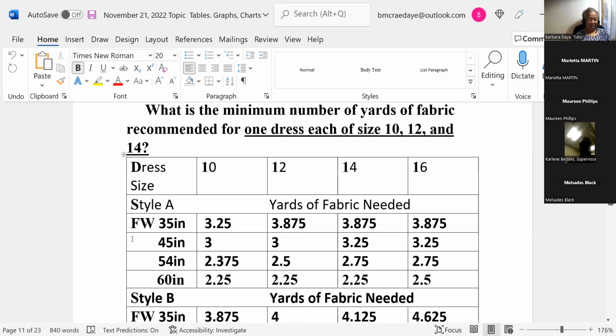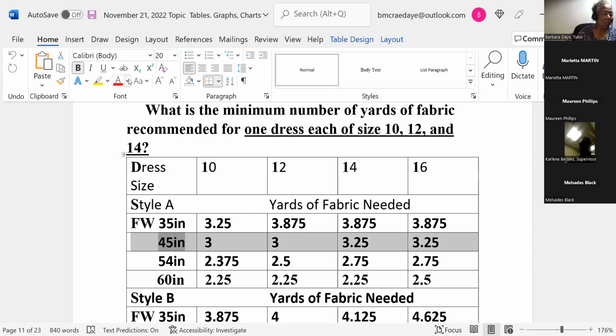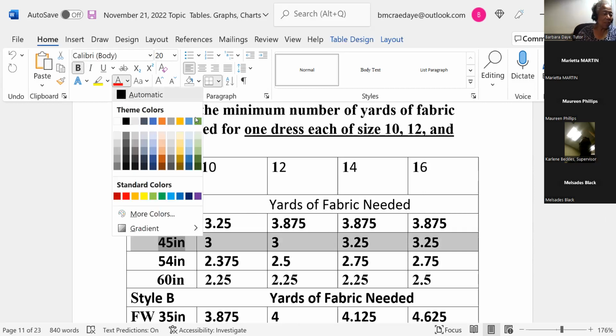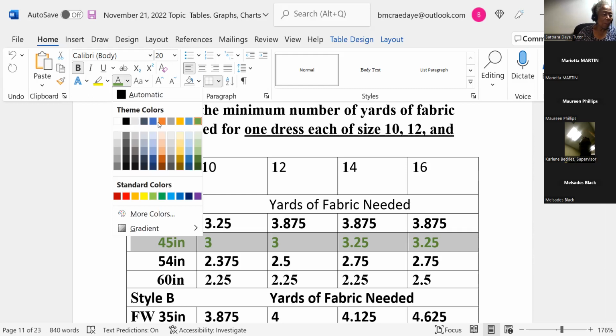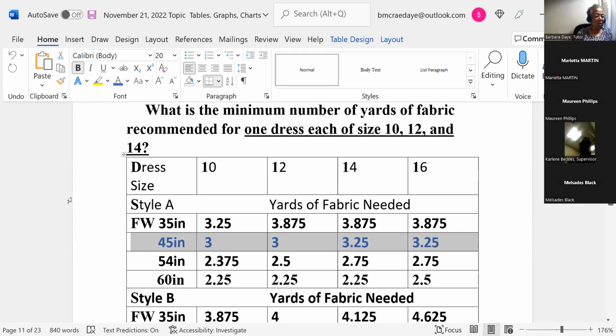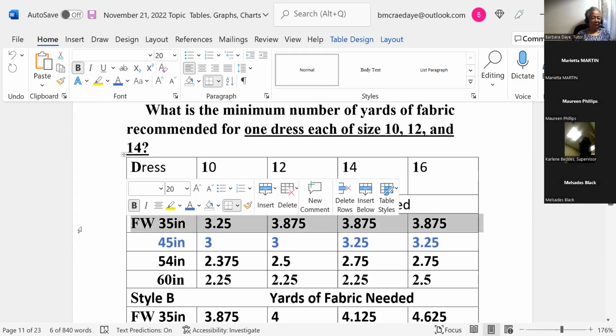Here we go, 45 inches. I'll put this here. Okay, let me put that there.